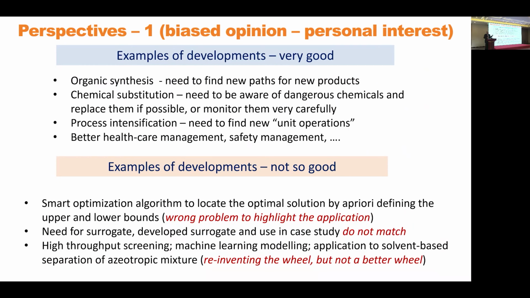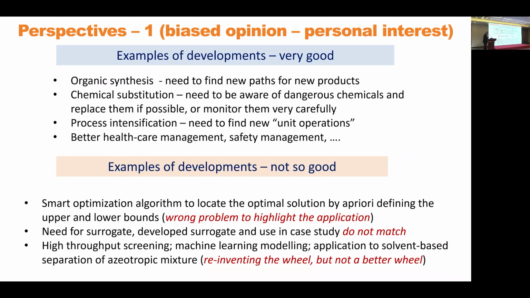So organic synthesis is very, very important. Chemical substitution, it was also mentioned before, is very important. Process intensification, better healthcare management, safety management. I forgot to include something here: materials. Materials is very, very important.